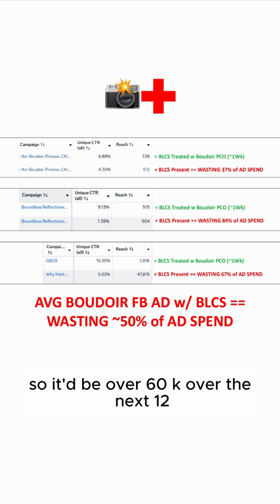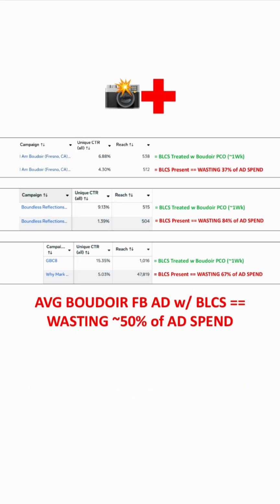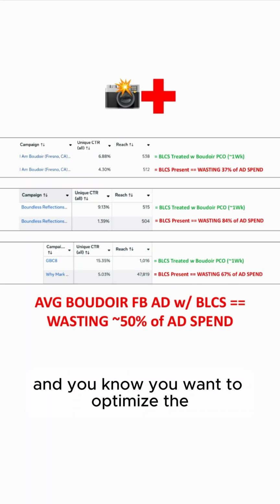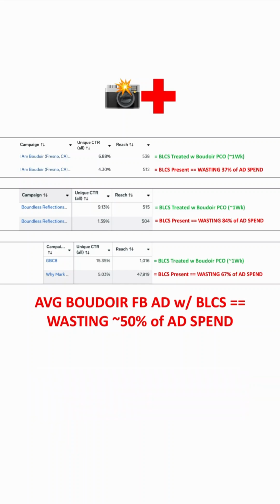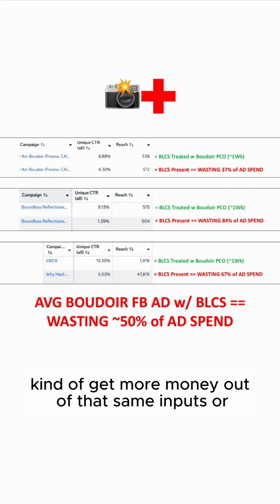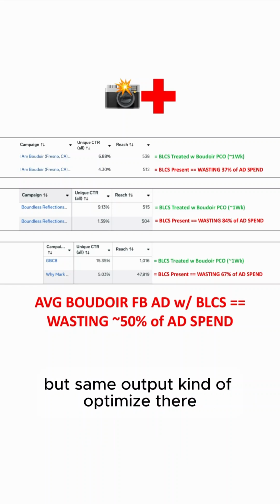So it'd be approximately 60K over the next 12 months. And you want to optimize the Facebook ads part of your boudoir business, get more output from the same inputs, or the same output with less input.